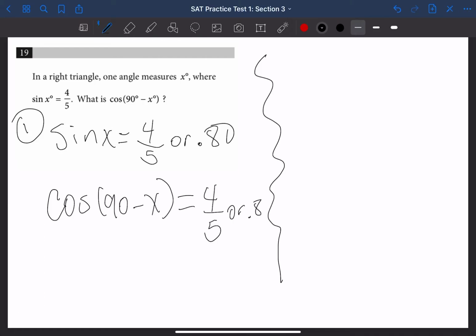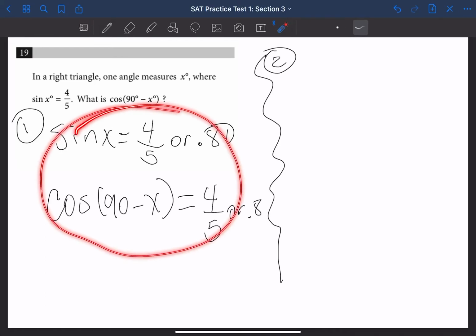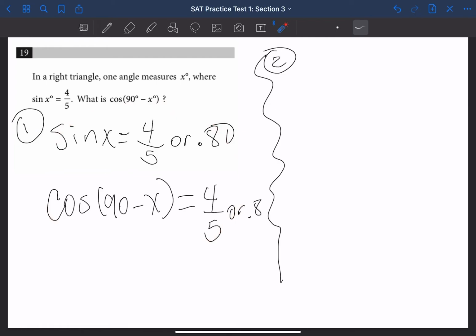The other way to solve this problem, if you don't remember this property and don't know anything about it, it's okay, you can still solve it. One more time, let me do this. The information says it's a right triangle, which means it's going to have a 90 degree angle.